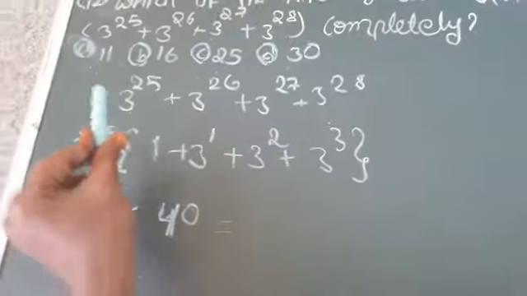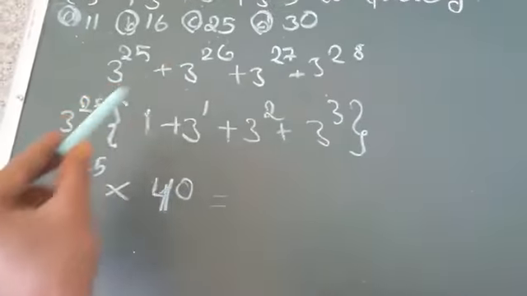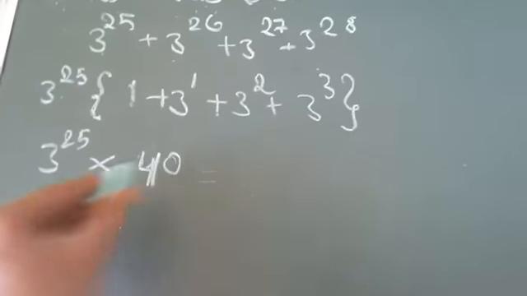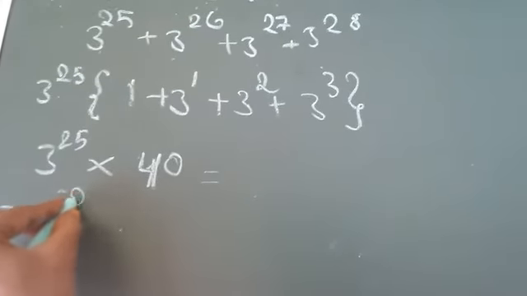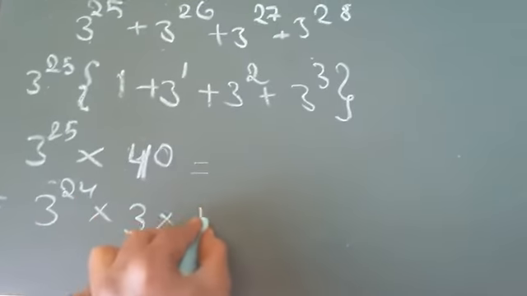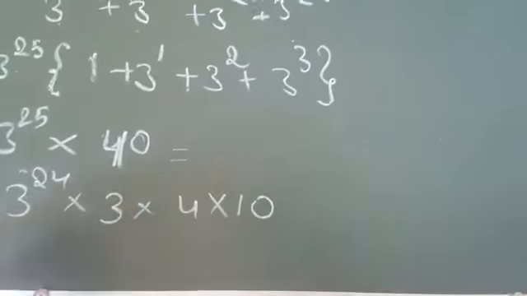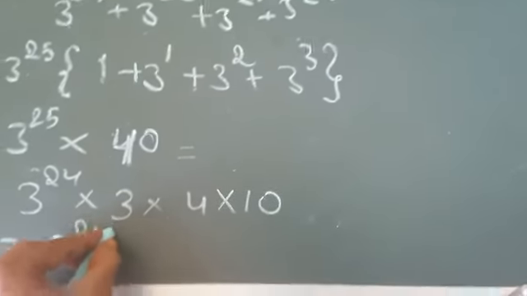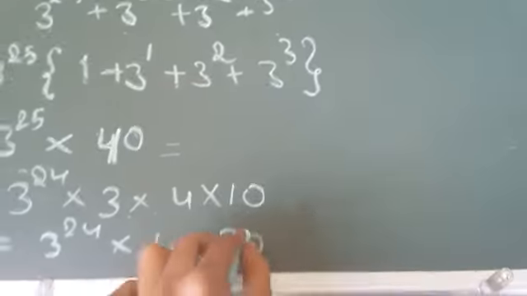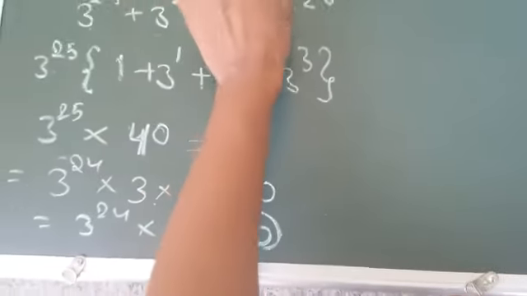See the options 11, 16, 25, 30. None of the options divides 40 directly. So let us replace 3 power 25 as 3 power 24 into 3, and 40 as 4 into 10. That means 3 power 24 into 4 into 3 into 10, which gives 30. See option D, 30.